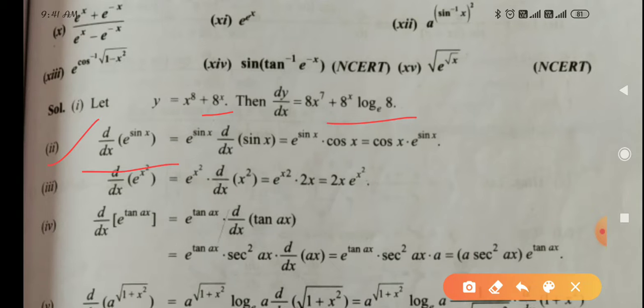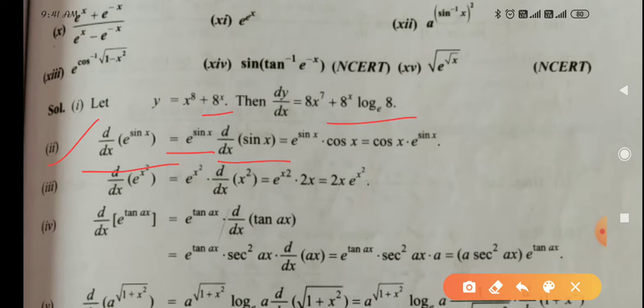Second part, you have to find differentiation of e to the power sin x. E to the power sin x, again I am telling, by applying chain rule, e to the power x, you will take it as e to the power x. So e to the power x differentiation is e to the power x. So that's why they are giving differentiation of e to the power sin x, e to the power sin x multiplied by d upon dx of sin x.